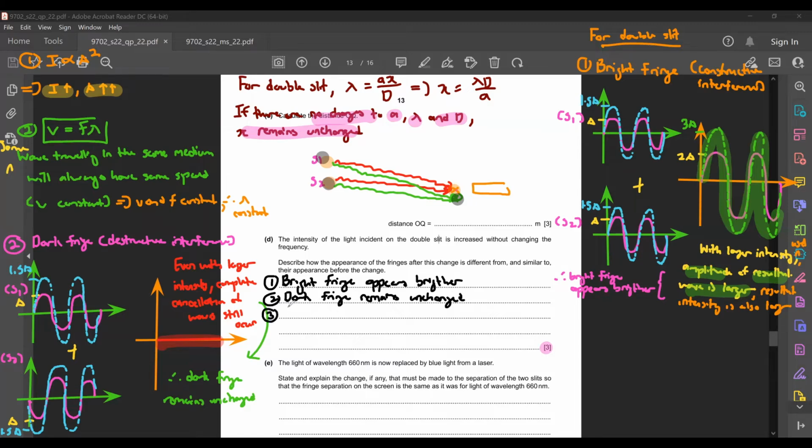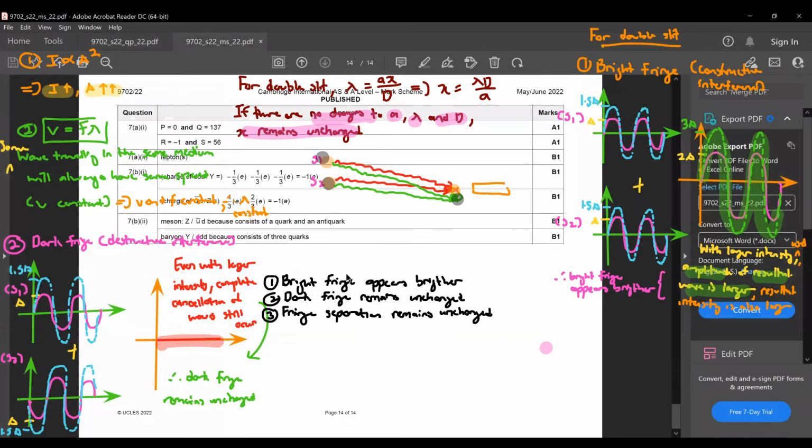Then after that, you can say that fringe separation, which is your x, also remains unchanged. So these are the 3 possible answers to give you the 3 marks.